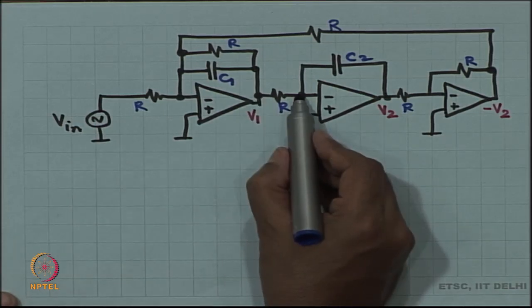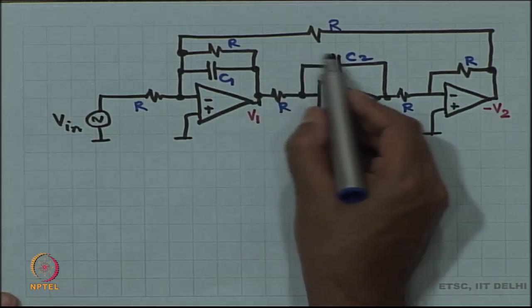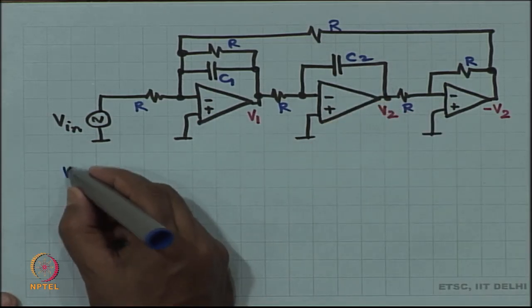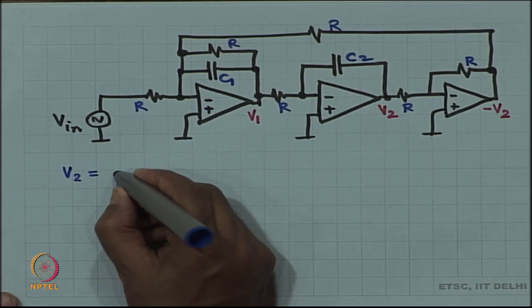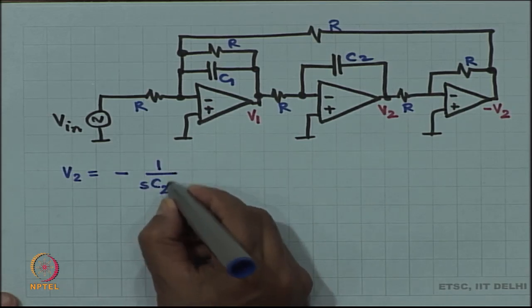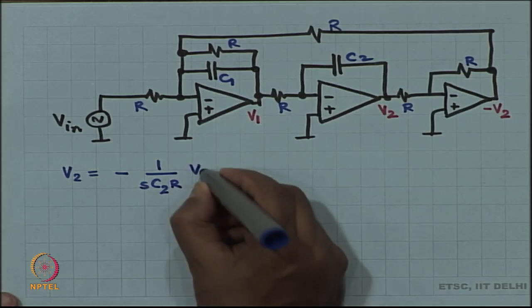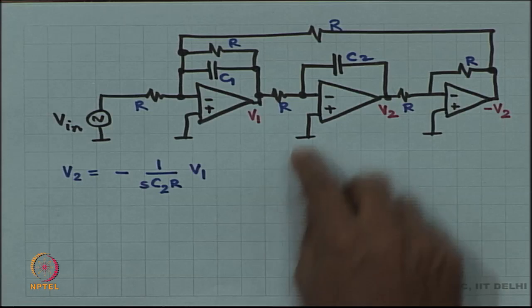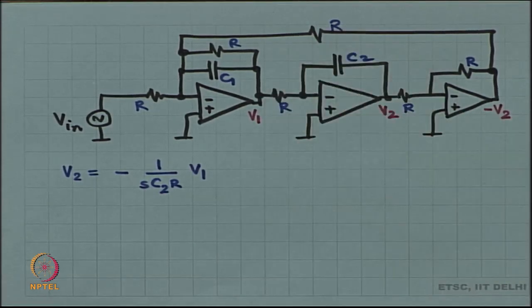V1 by R is the current coming in over here, that current goes through C2, and therefore, V2 is equal to minus 1 by SC2R times V1. Okay, that is the integrator relationship. Fine.